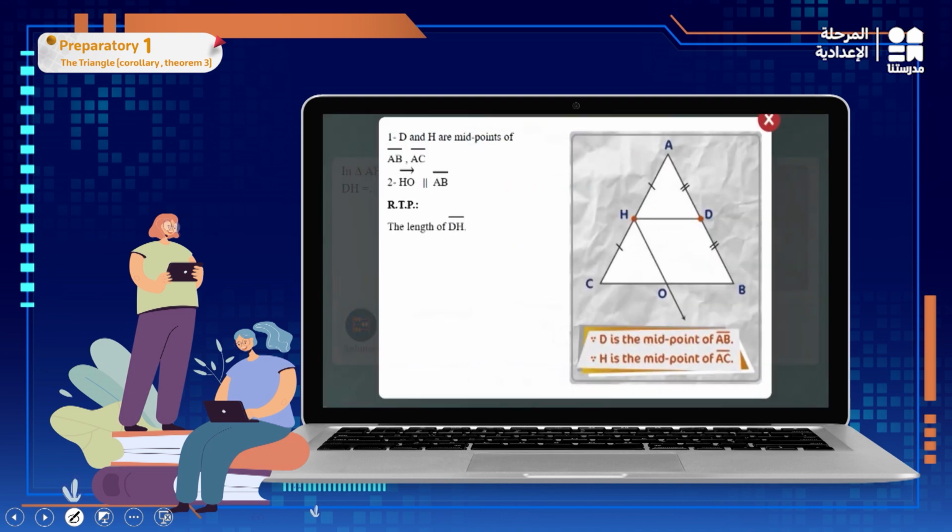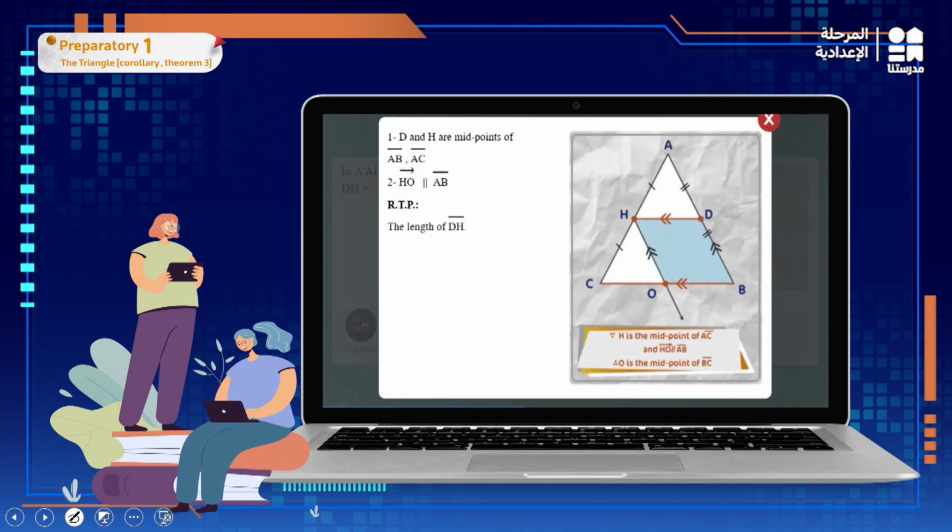In the beginning, to get the length of DH, you have to know some important notes. First, H and D are the midpoints of AC and AB in order. As a result, the two line segments DH and BC are parallel to each other. On the other hand, ray HO and line segment AB are parallel to each other. Thus, shape BDHO is a parallelogram.